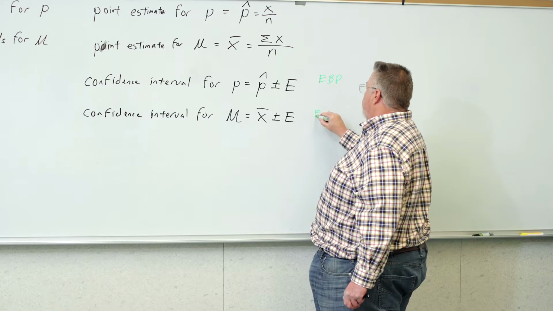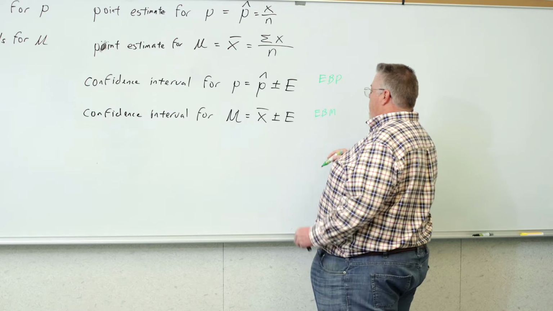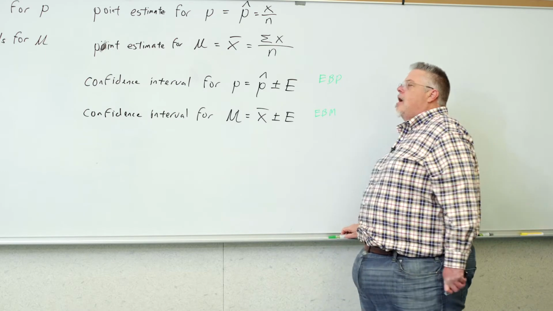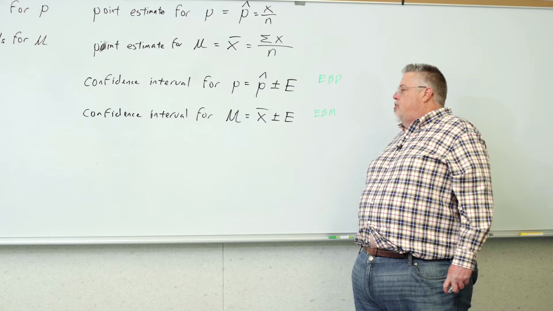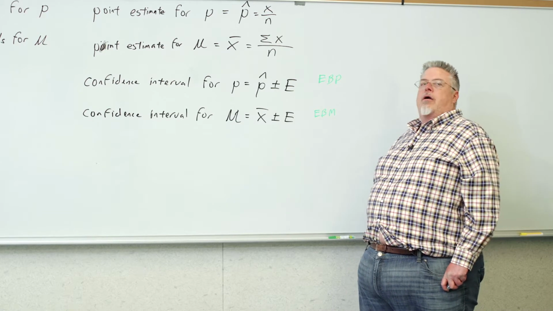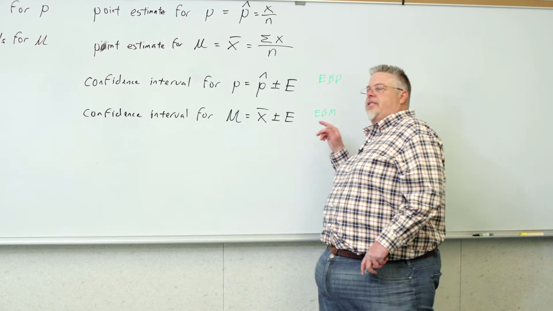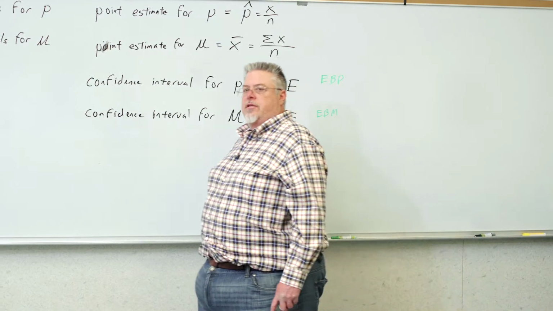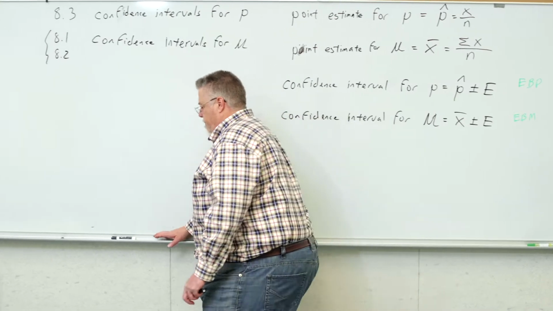They call this EBM, error bound for the mean. I'm not really changing notations. I'm just saying E for error estimate. So just realize if you're reading the text, you're going to see that notation that's going to be slightly different.